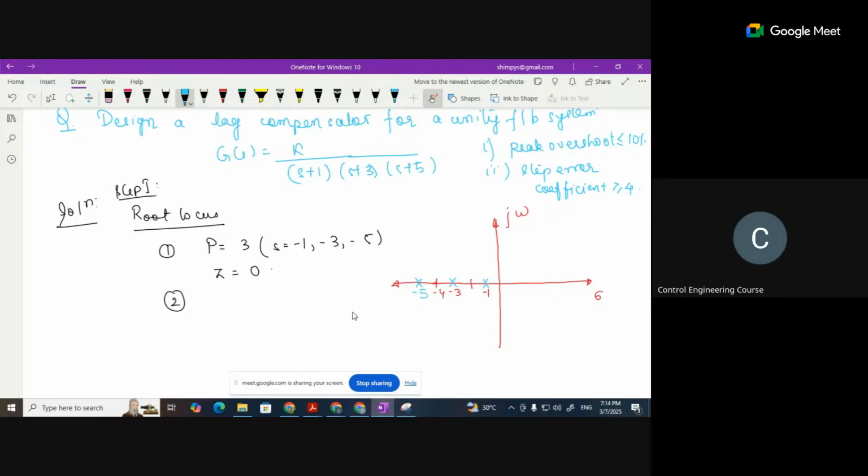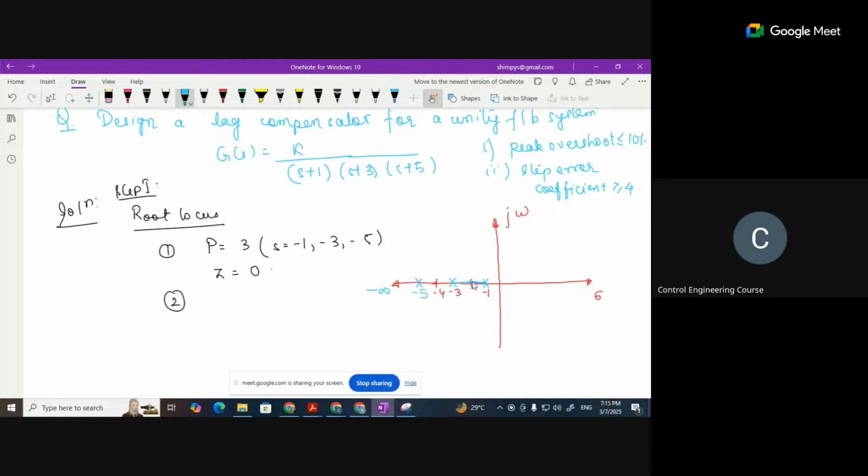-5, right? And one of our points will be minus infinity. Now I have to see where the root locus branches will lie. If I see from 0, no root locus branch from -1 to plus infinity. Come to -3, 1 pole, so definitely here I'll have a root locus branch between -3 and -1.